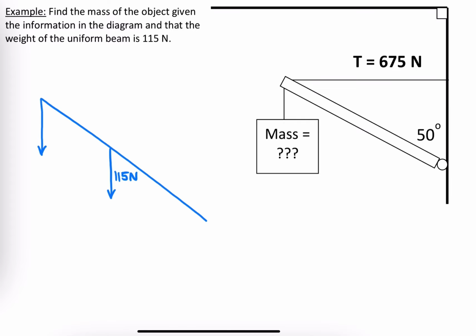Don't know exactly what it is, but there's an FG hanging down there. And I've got a tension pulling the end of the beam in this way. We'll call that FT. Oh, and we actually know that it's 675 newtons. So let's just toss that right in there.